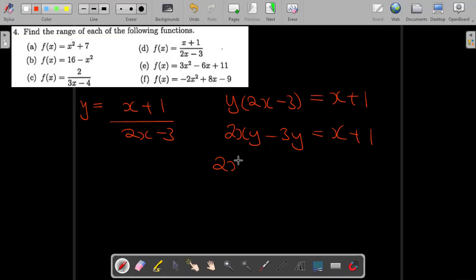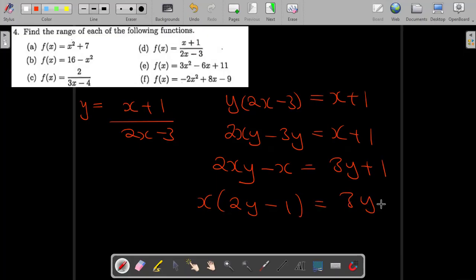Then I take this negative 3y to the other side and bring this x to this side. I'll have negative x there equal to 3y plus 1. Then I can factor out my x here such that I have x times 2y minus 1 equal to 3y plus 1. I can divide both sides by 2y minus 1.